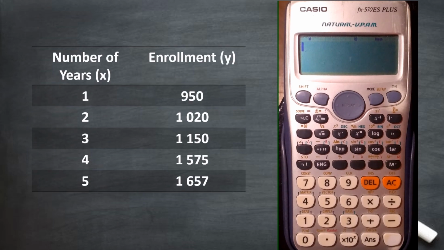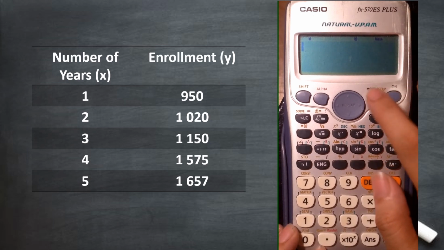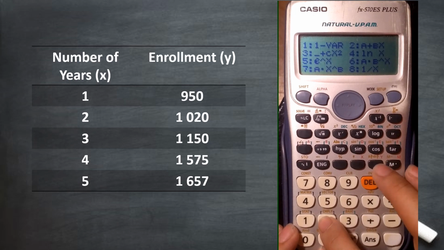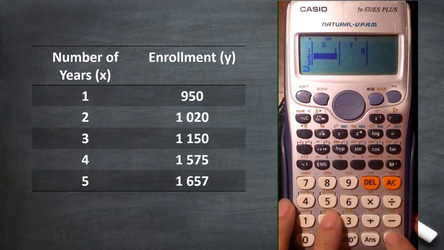Shortcut method for problems under regression analysis. We first input the x and y values by changing the mode to stat, and then A plus Bx. Then we input the values for x as 1, 2, 3, 4, and 5.